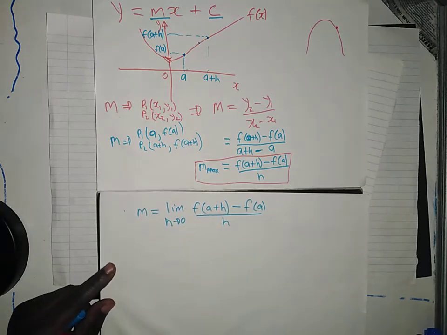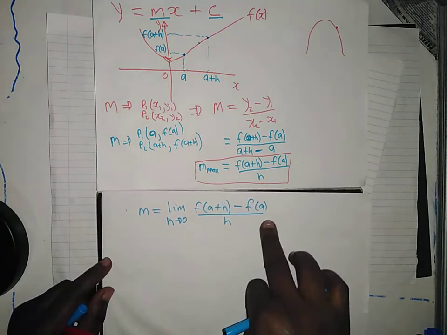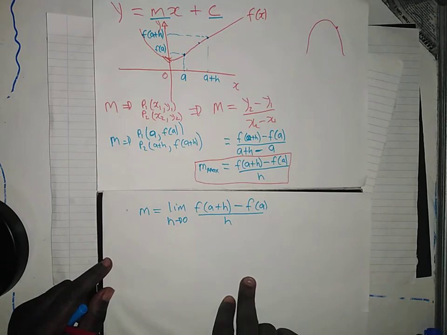h tends to 0 means h is getting smaller and smaller and smaller. So the true gradient is therefore a limit of f at a plus h minus f at a all over h as h tends to 0. All right.